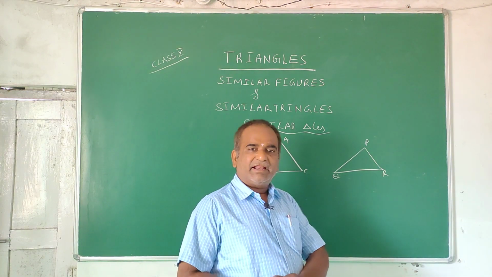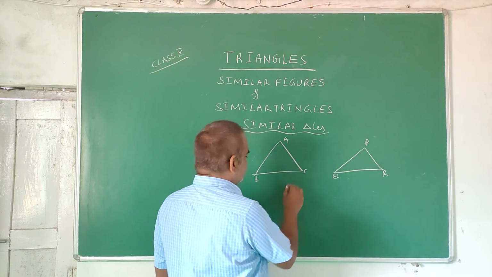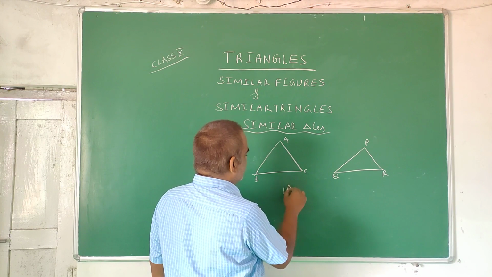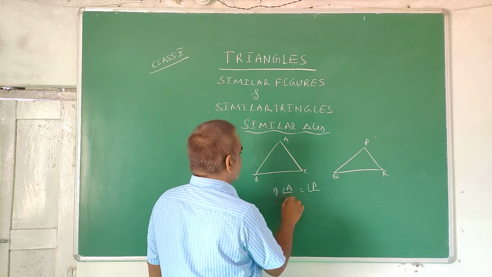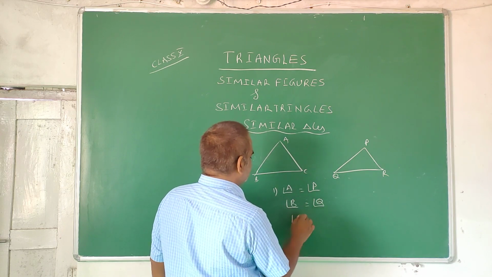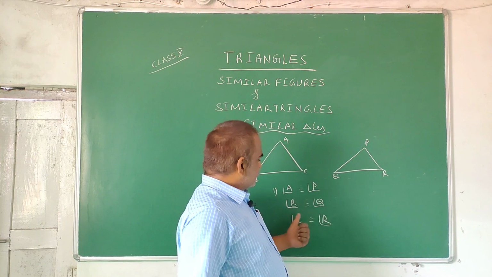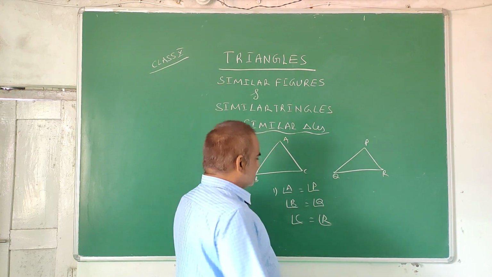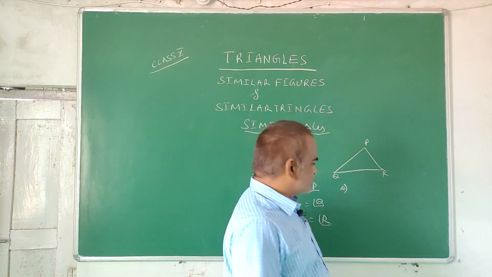Triangle ABC and triangle PQR are said to be similar if angle A is equal to angle P, angle B is equal to angle Q, and angle C is equal to angle R. The corresponding angles are equal. And the second condition, the corresponding sides are in proportion.